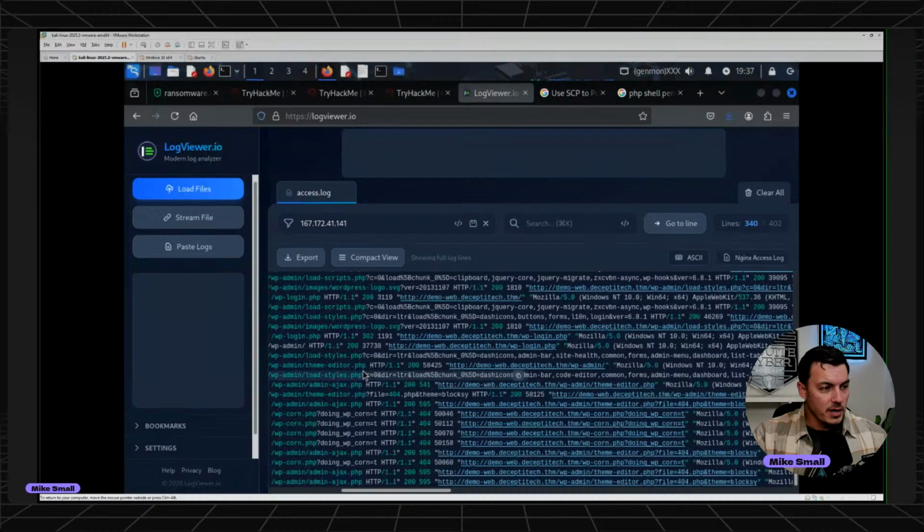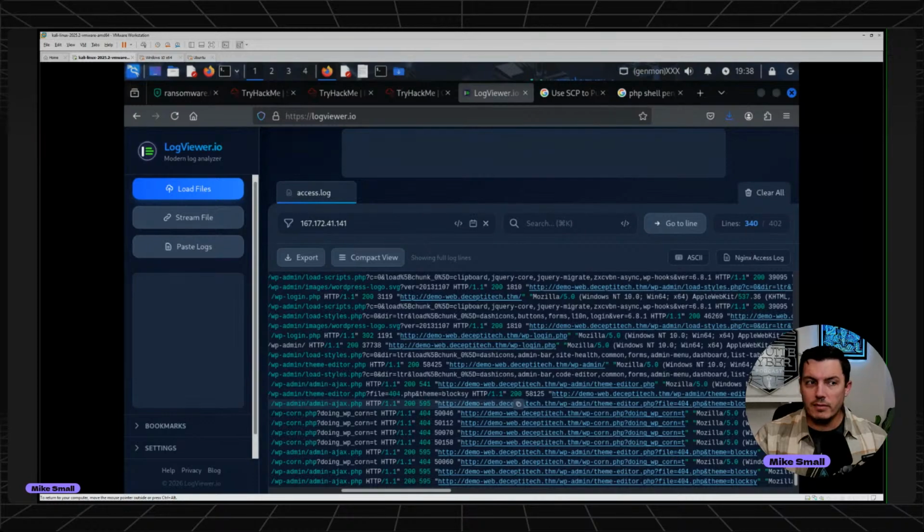So if we take that out of account, this is a really good option, theme editor, to do the upload, and something worth looking at, right? Theme editor here, we see them touching this theme Bloxy. So these are all really good options.